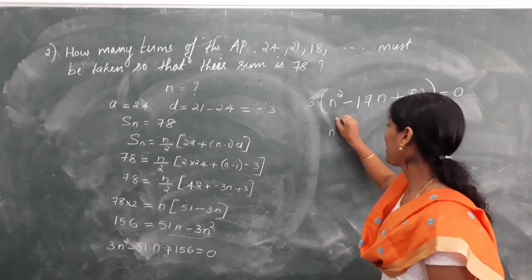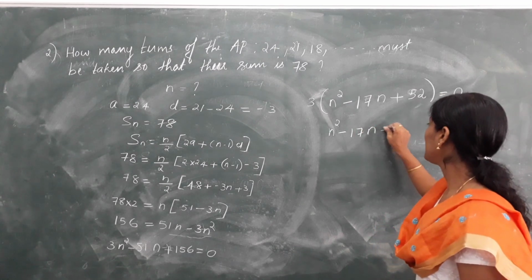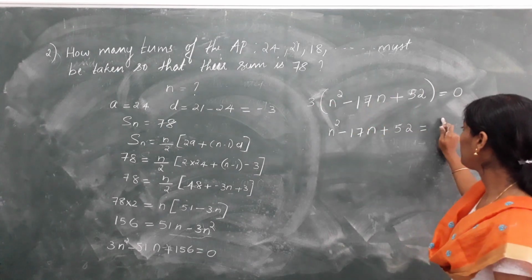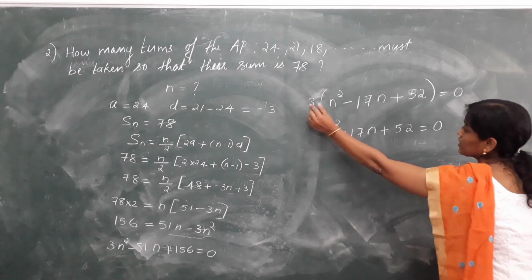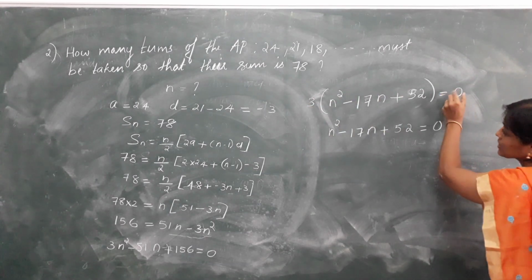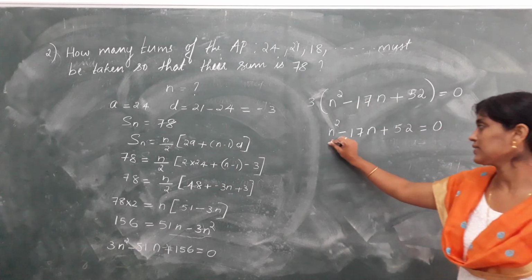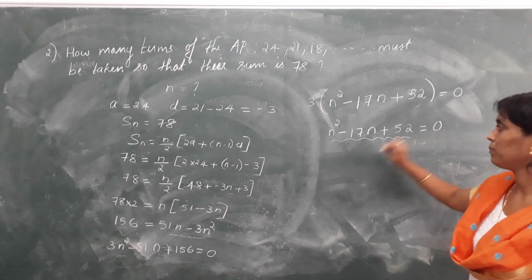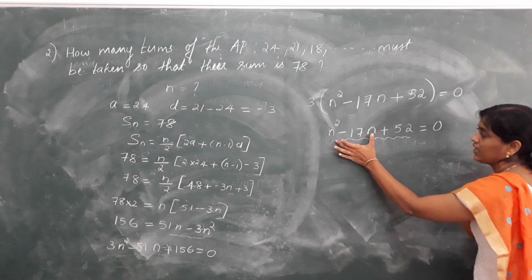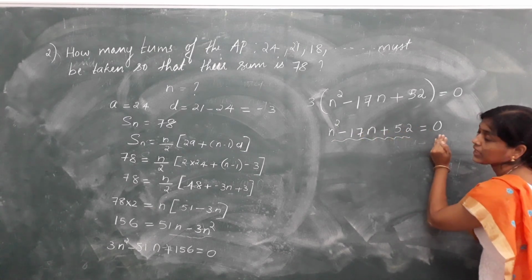So we get n square minus 17n plus 52 is equal to 0 by 3, which is again 0. Now you can see this part is a polynomial, and we call this a quadratic polynomial. Since it is equal to 0, you can call it a quadratic equation.